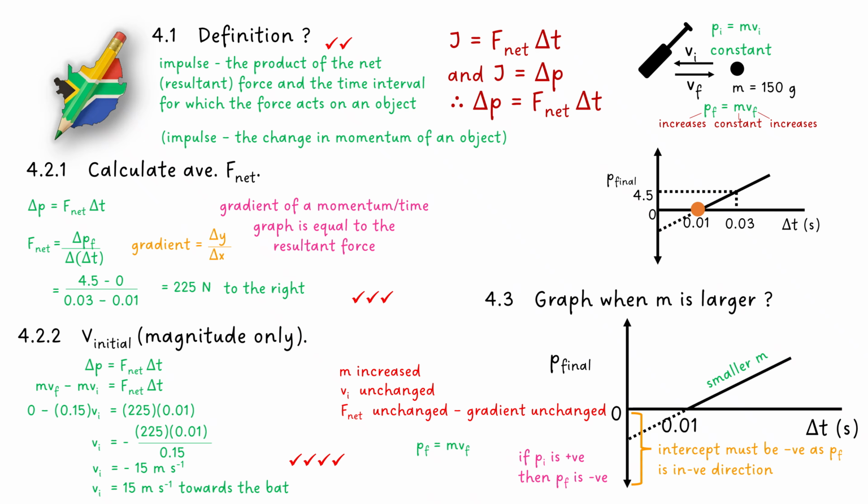Momentum is equal to mass times velocity, and so increasing the mass increases the momentum, and this makes the final momentum value at a change in time equals 0 a more negative value with a lower y-intercept. And so the graph starts further down the y-axis. The graph we must draw is shifted downwards.